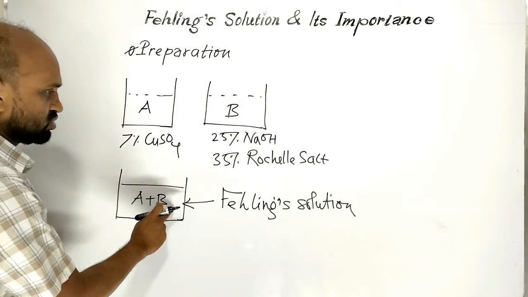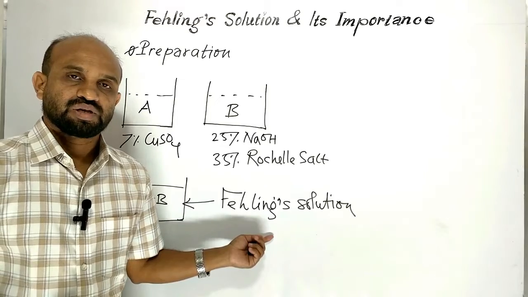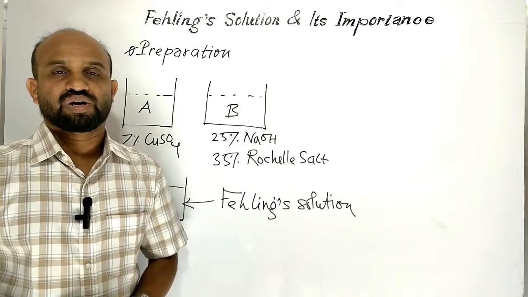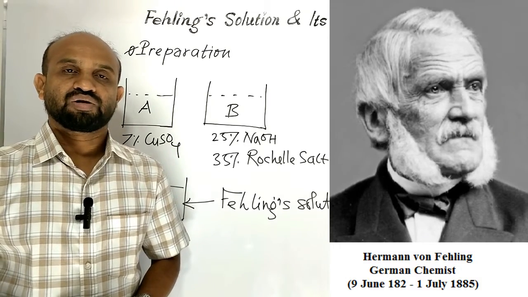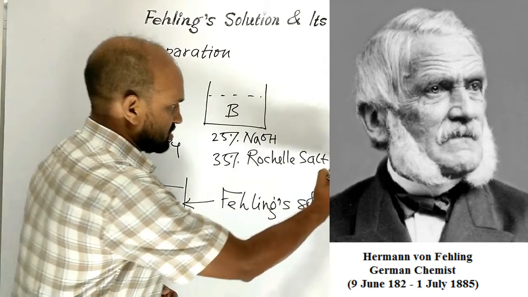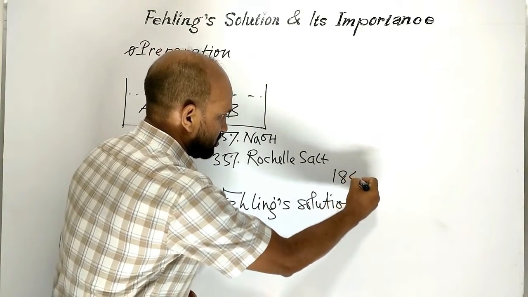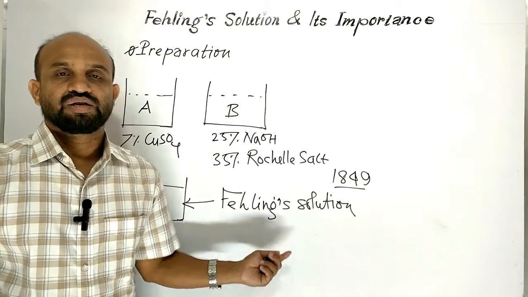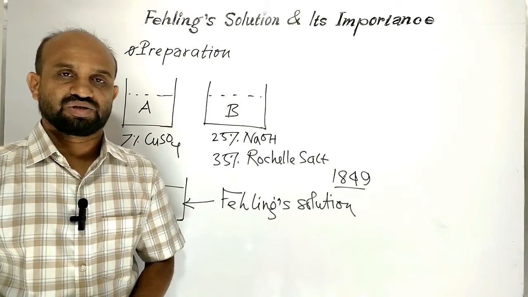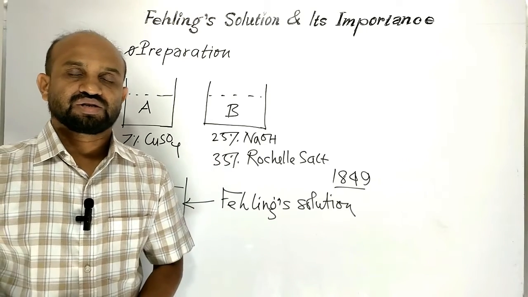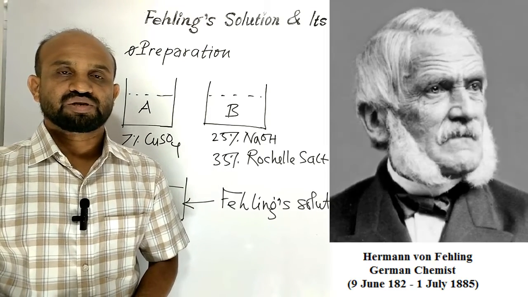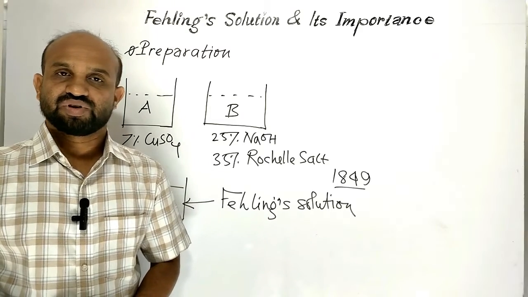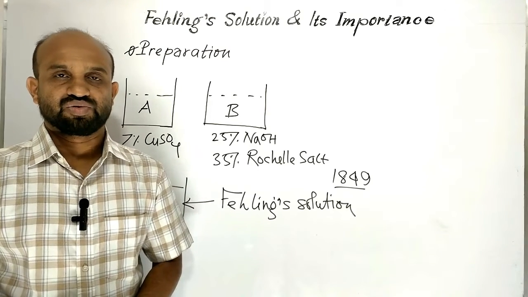This solution is used to distinguish aldehydes and ketones. Fehling's test was carried out by German chemist Hermann von Fehling in the year 1849. That is why the name of the solution is Fehling solution, after its discoverer, German chemist Hermann von Fehling. Fehling solution is used to differentiate aldehydes and ketones.